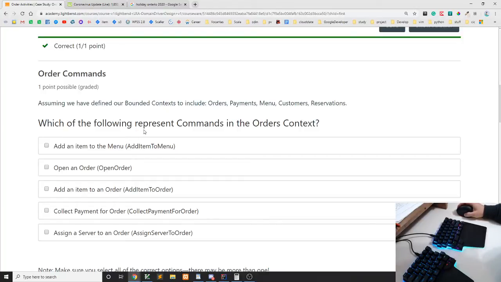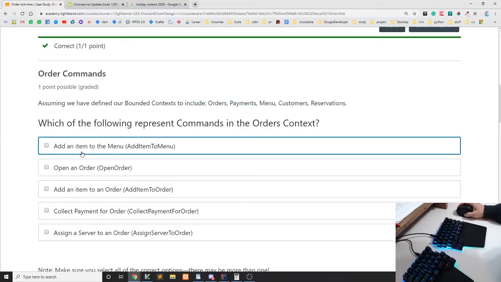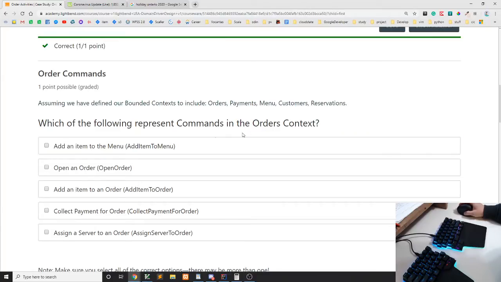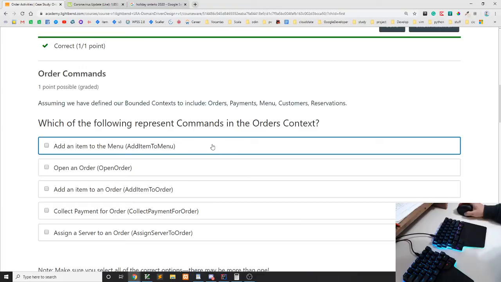Add an item to the menu. So it's more like a menu instead of order. Add an item to the menu.